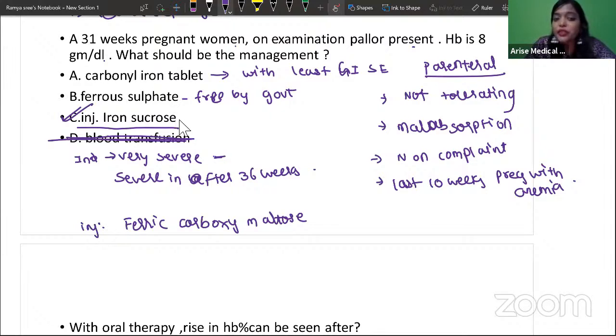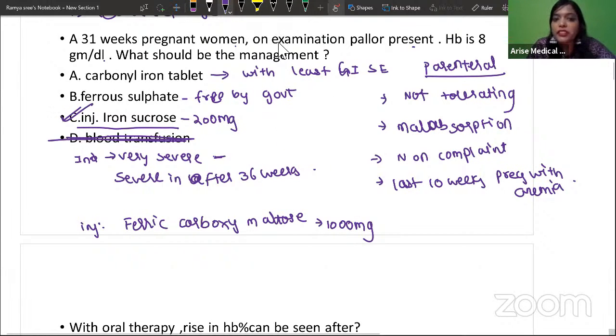Iron sucrose is a 200 milligram injection, whereas ferric carboxymaltose is a 1000 milligram injection. With ferric carboxymaltose, in one setting I have 1000 milligrams, but with iron sucrose, every alternate day I should take almost 5 injections in order to get 1000 milligrams of iron, right?